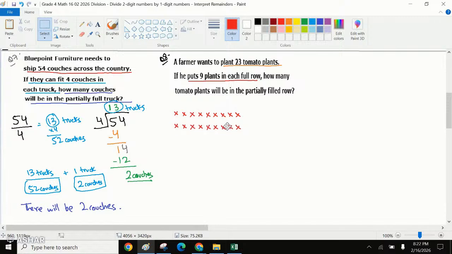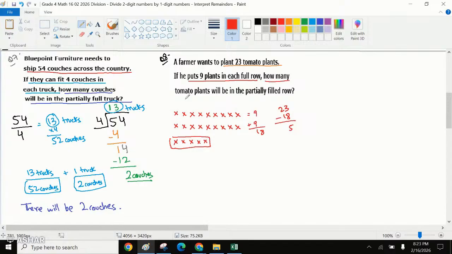How many would the total be? The total now is 9 plus 9 is 18. He has already planted 18. He is left with 23 minus 18, which is 5. So in the last row, there would be only 5 tomatoes.